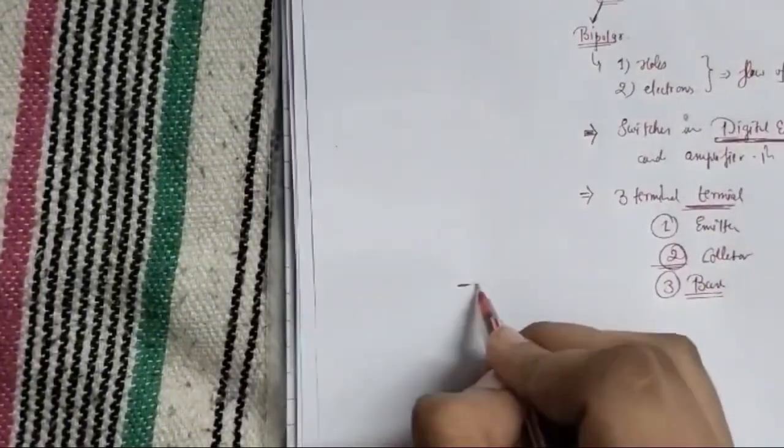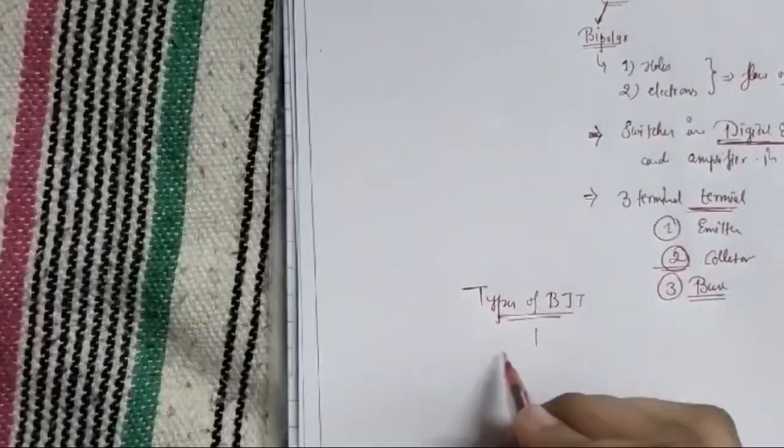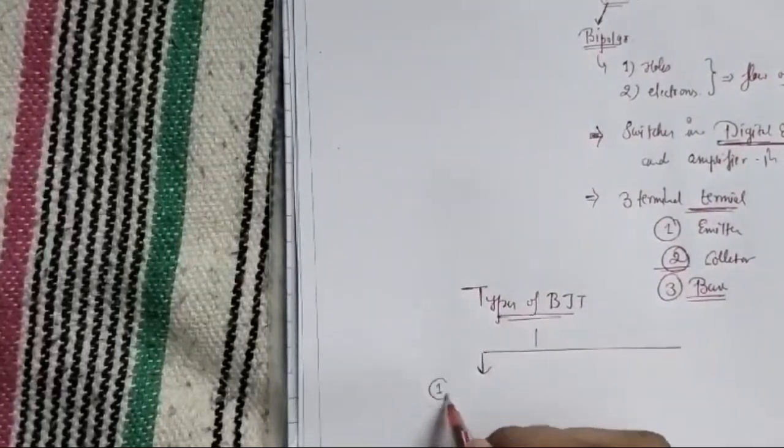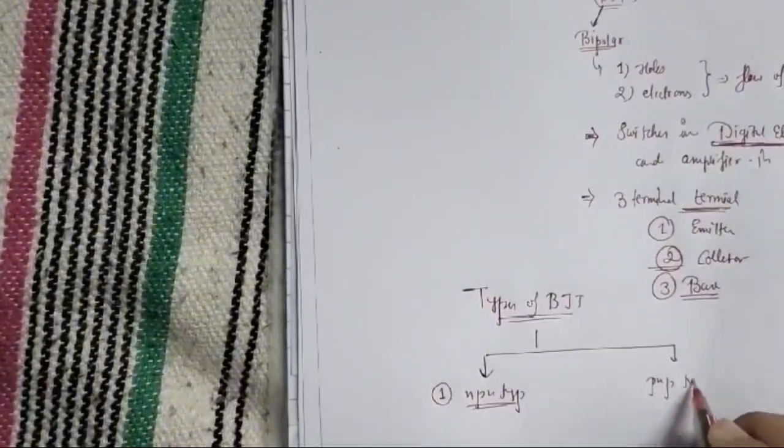Now we will know the types of BJT which we can have. It can be classified in basically two types. The first one is NPN type and second one is PNP type.